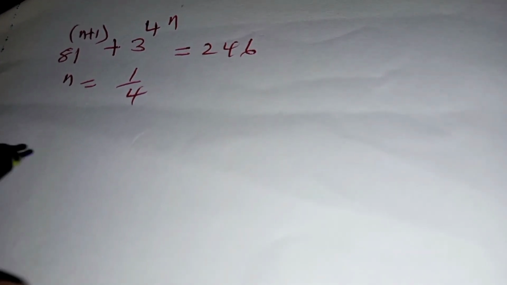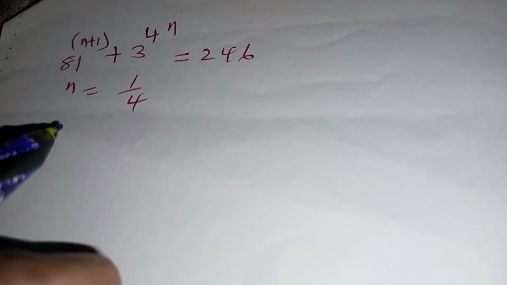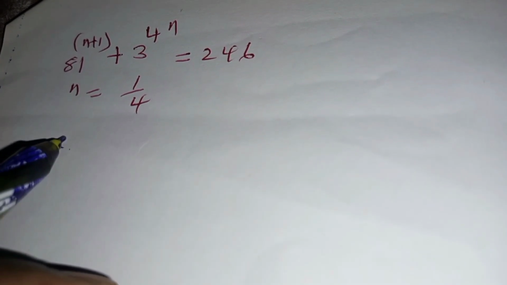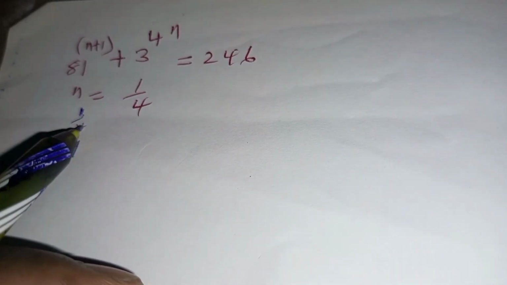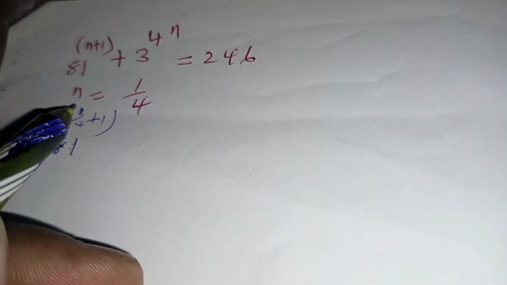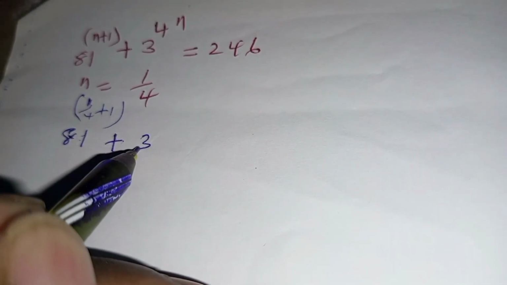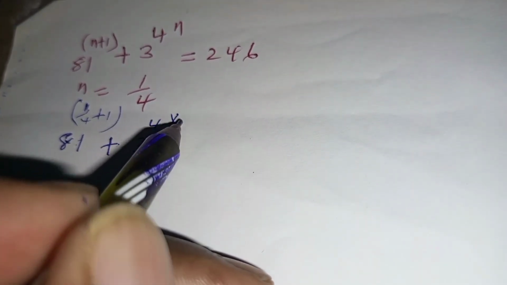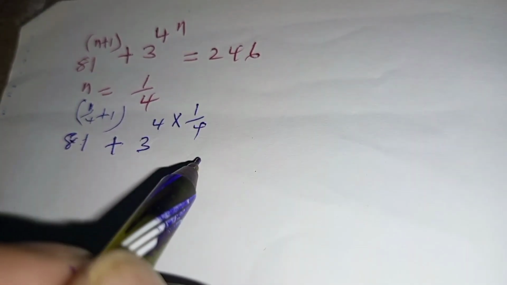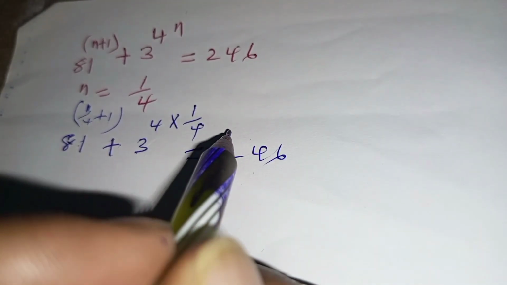So we want to substitute where we have n with a quarter and see whether our equation holds. So we shall have 81^(1/4 + 1) + 3^(4×1/4). We substitute n with 1/4 and see whether this will give us 246.